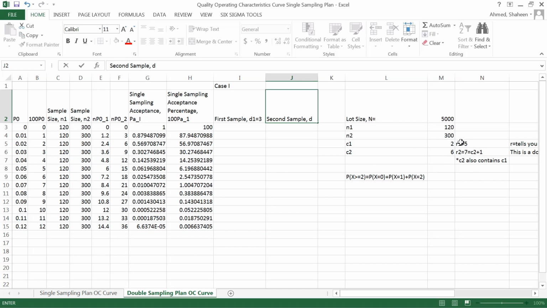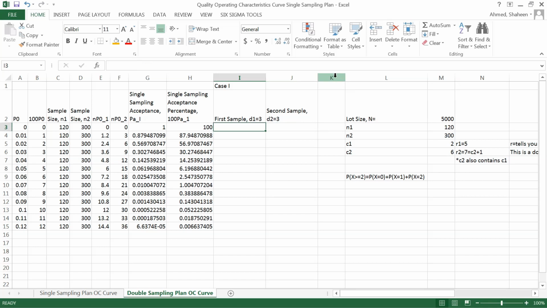Then your R1 criteria is 5, so you take the second sample. You already got 3 in the first sample. Now the maximum you can get in the second sample is another 3, because your total criteria is 6. So this is your situation 1.